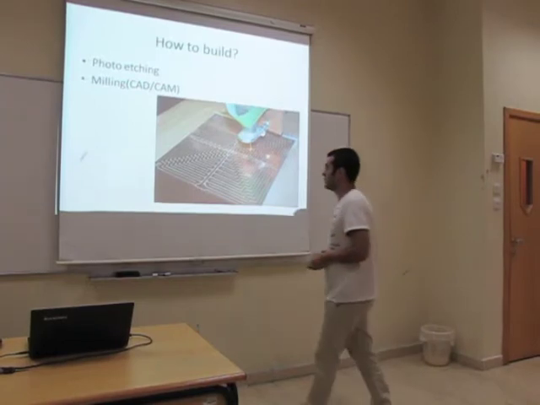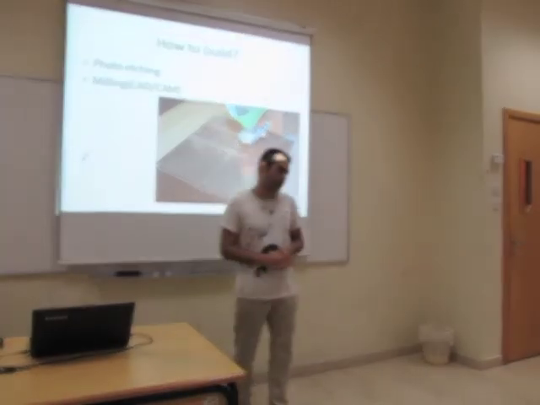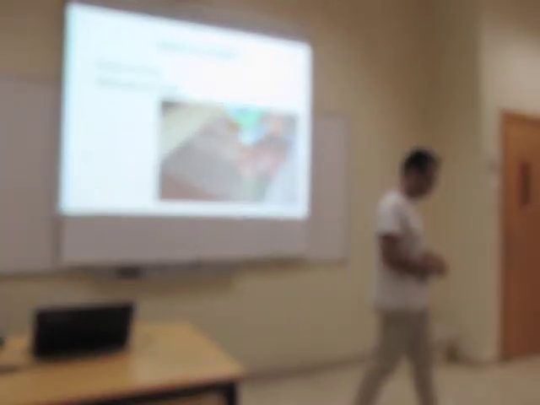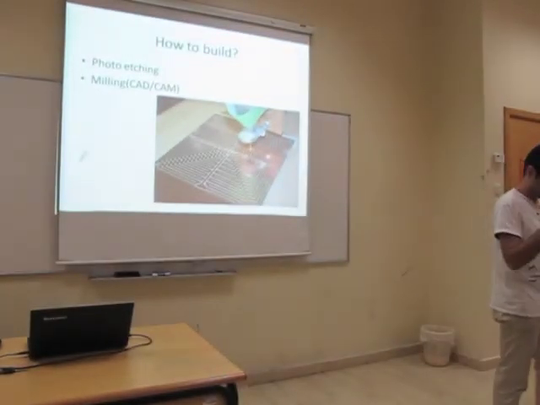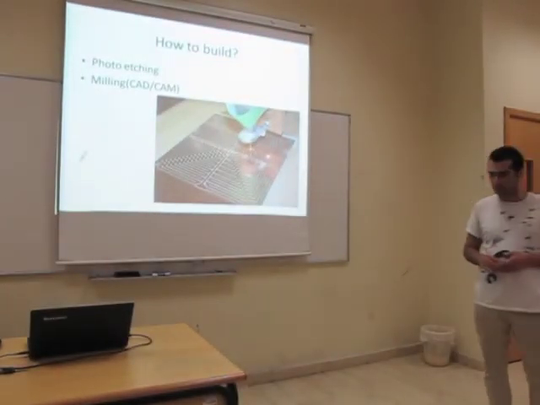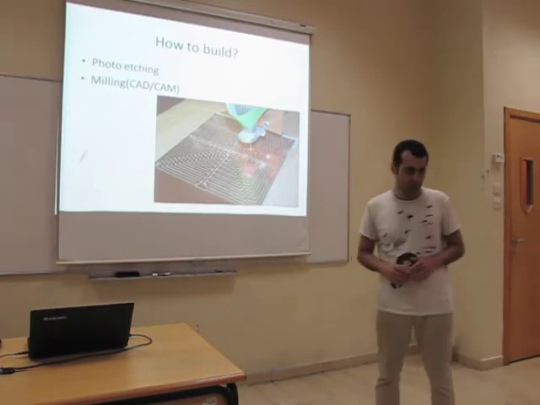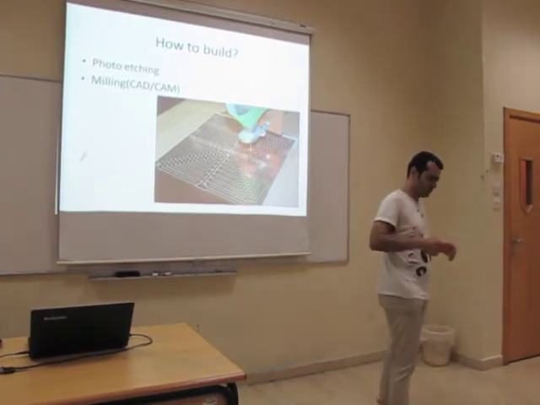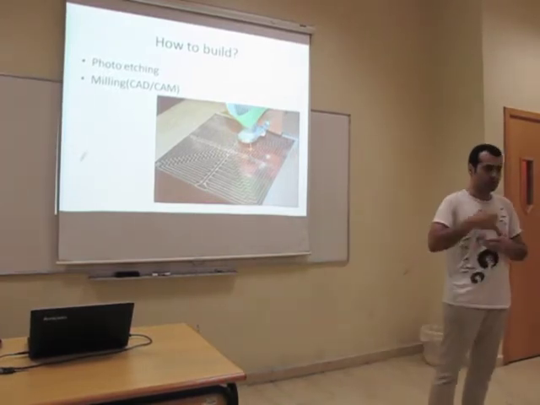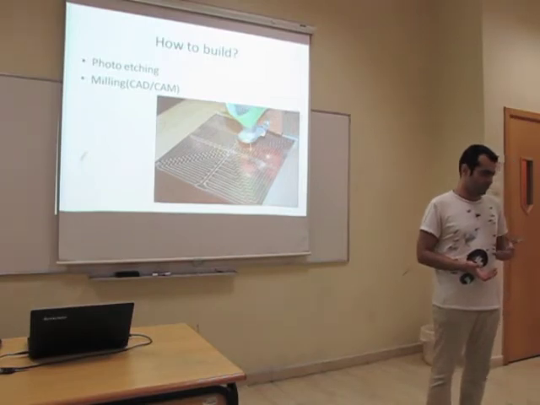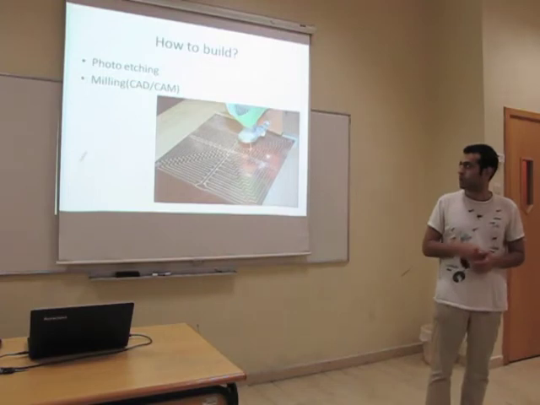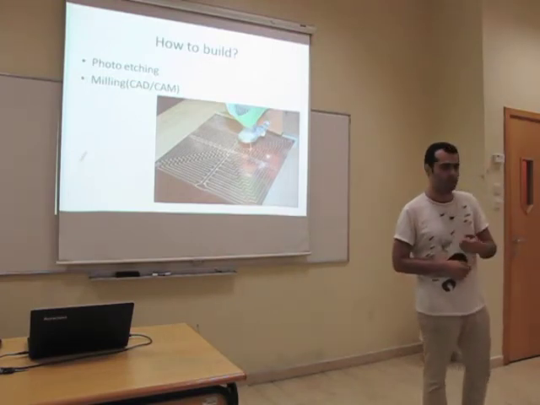The second one is milling, or CAD-CAM. Actually, CAD is always there, computer-aided design. Even if you want to do photo etching, you do the CAD. You just draw your PCB with some software, then print it on these films and do the photo etching. But CAM is computer-aided machining.